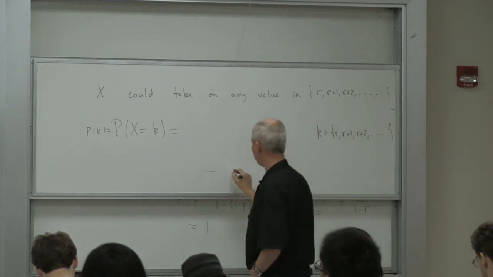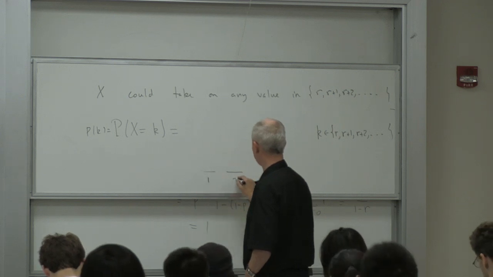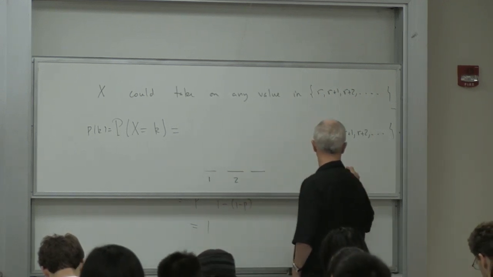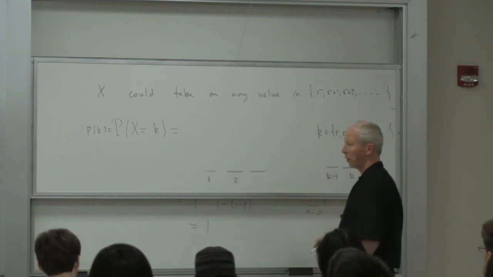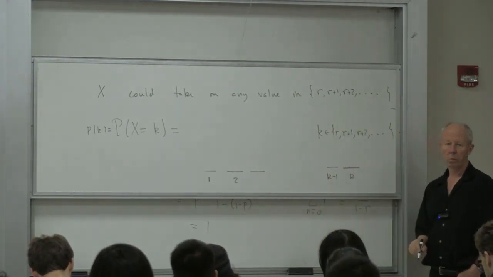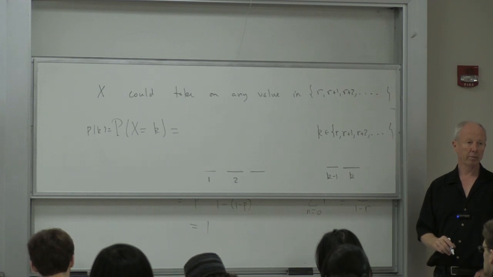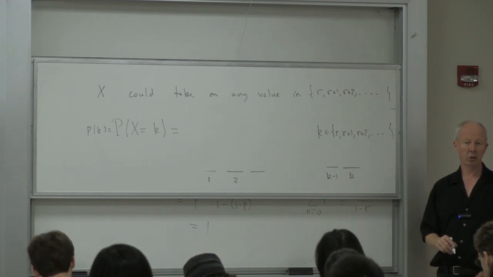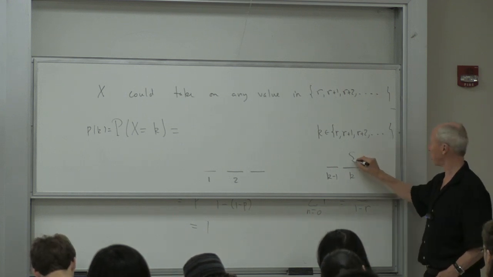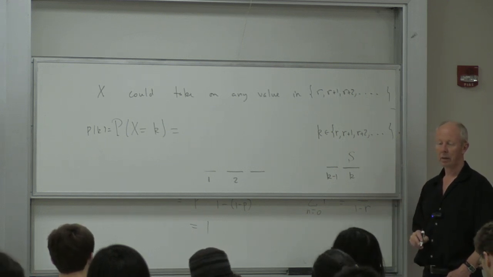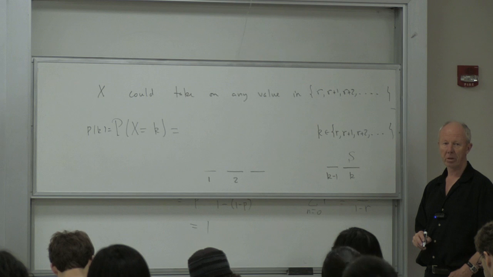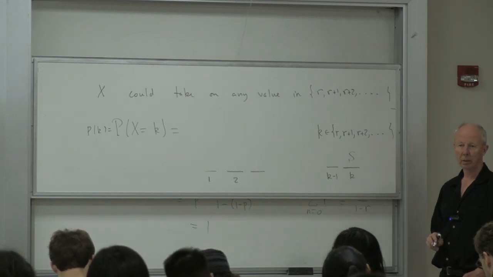Let's try to draw a picture. One thing I know for sure, if the rth success occurred on trial k, that S goes here. Now what else do we have to have?